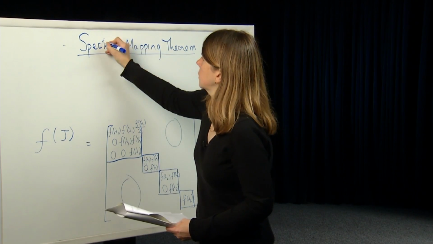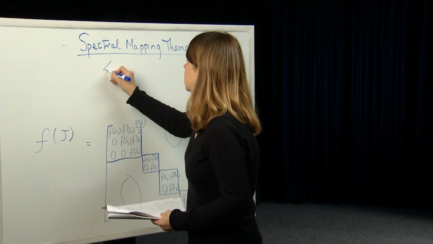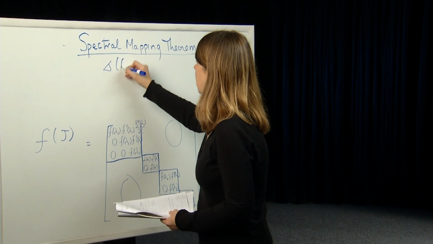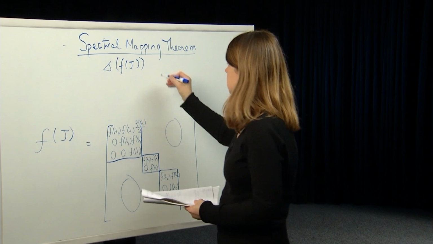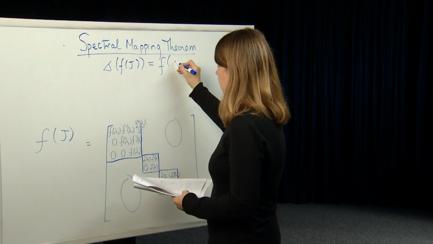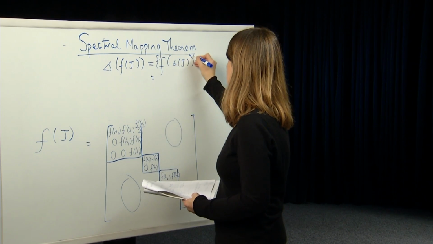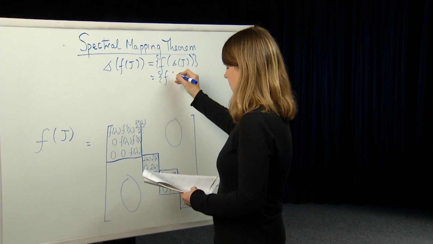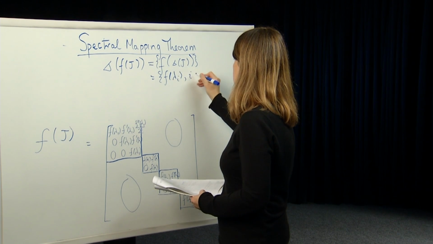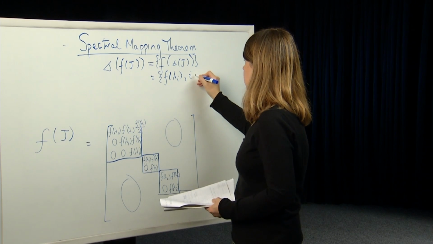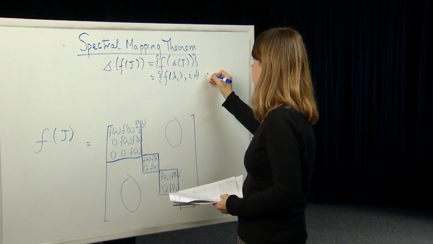Remember the spectrum is the set of eigenvalues of a matrix, and we denote it sigma. So sigma of f of J, the eigenvalues of this function f of the matrix, is equal to f of sigma of J. So it's the set f of lambda i, where i ranges from 1 up to however many eigenvalues we have.